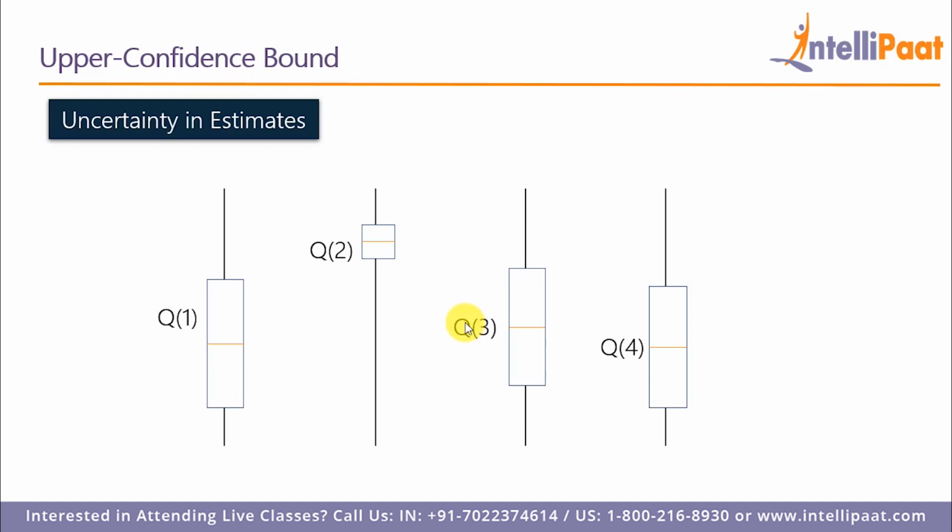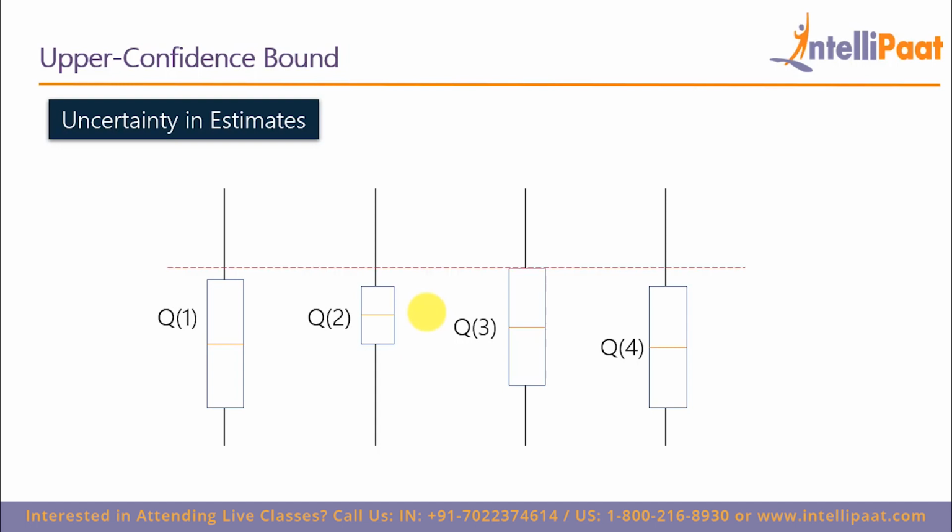Again, since Q of 2 has the highest upper bound, it will be selected again. And let's say this time we don't get any reward after selecting Q2 repeatedly for n number of times. This means that the estimated value will decrease and the confidence interval also shrinks. So now our algorithm will select the action which has the highest upper confidence bound, that is action 3.